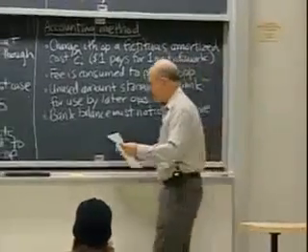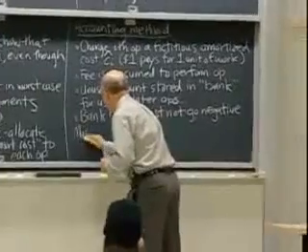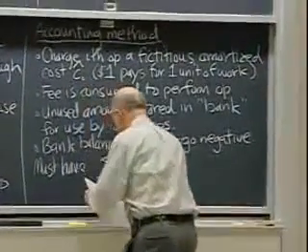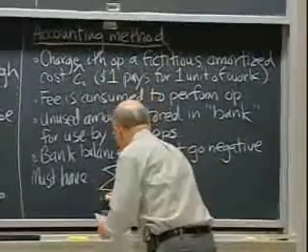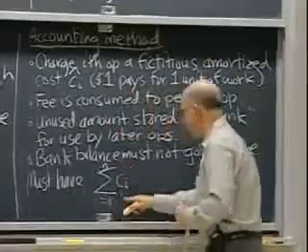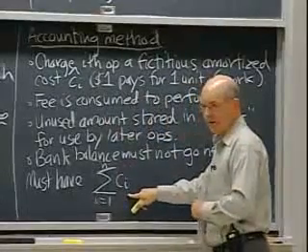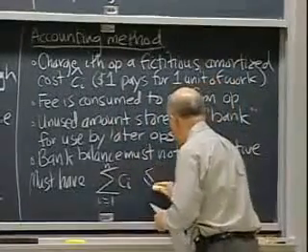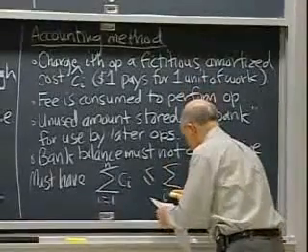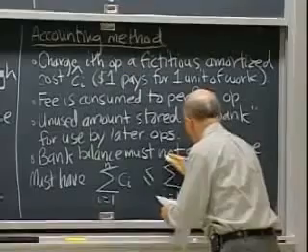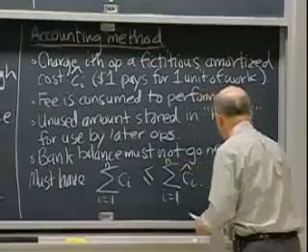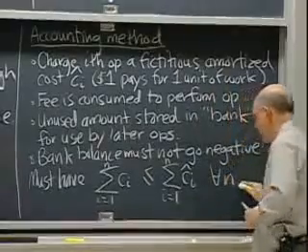So that means we must have that the sum, i equals 1 to n, of C sub i, the true costs, therefore, if the balance is not ever going to go negative, must be bounded above by the amortized costs for all n.